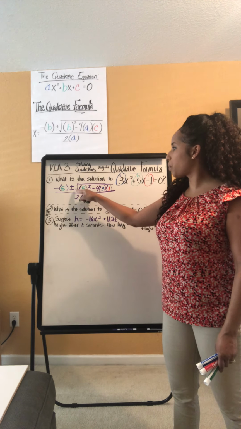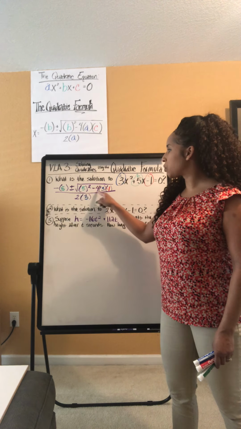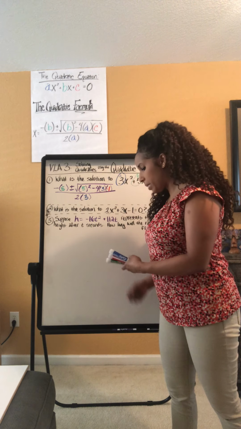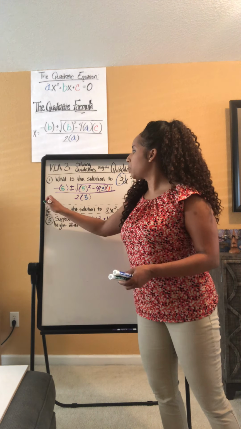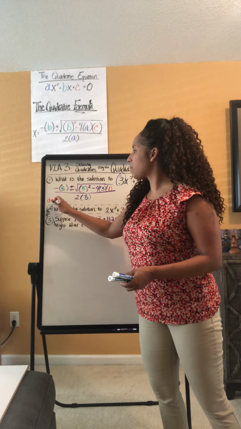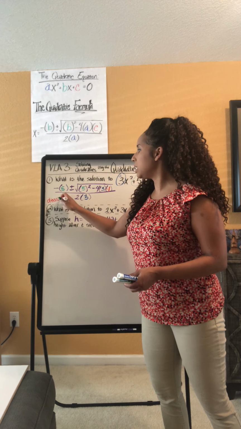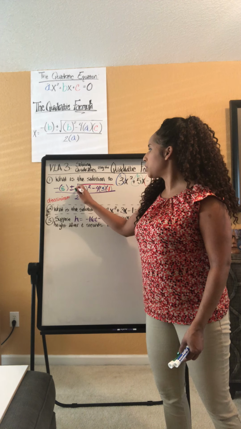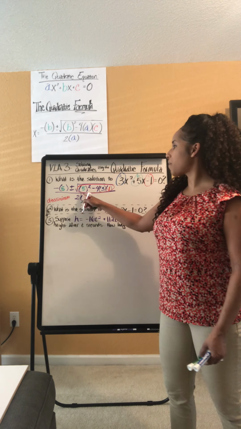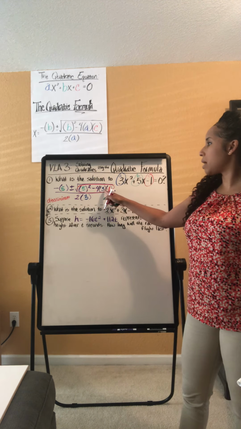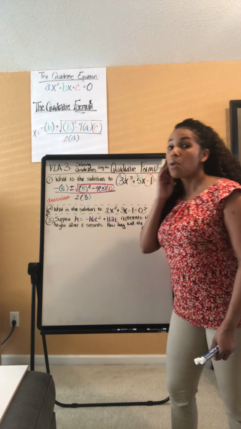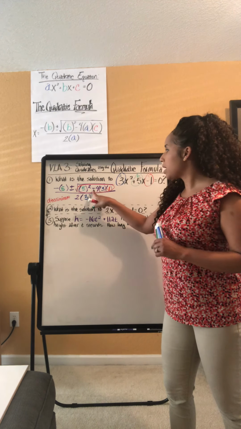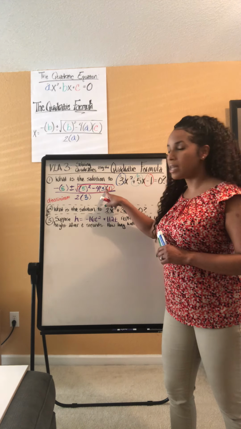The inside of this square root is called the discriminant. We will learn the importance of that later, but just the inside is called the discriminant. If I just put into my calculator the 5 squared minus 4 times 3 times negative 1, which, by the way, you cannot switch up your subtraction with your negative.